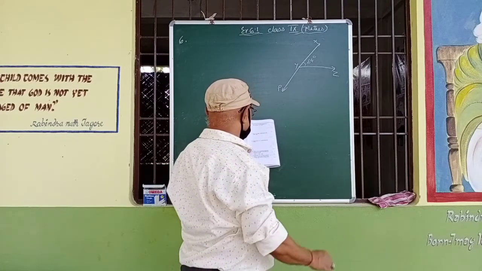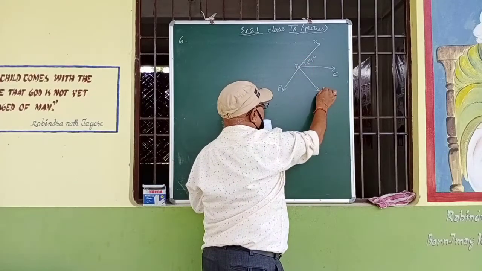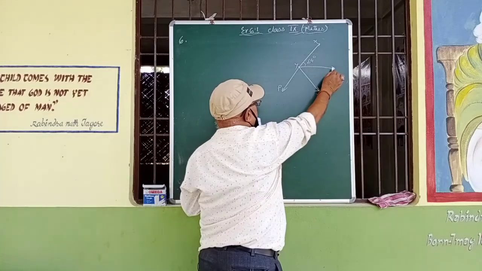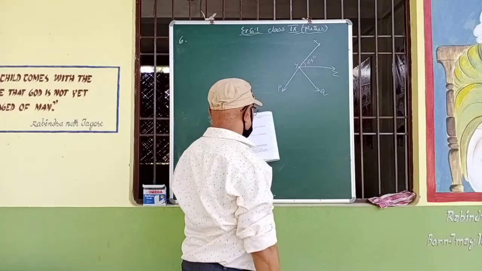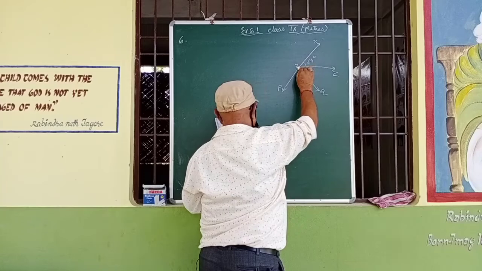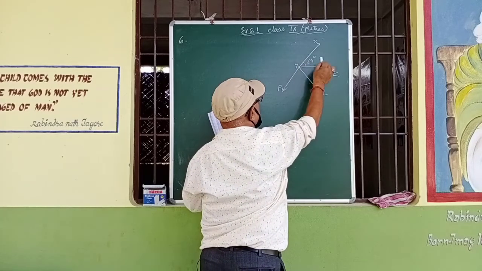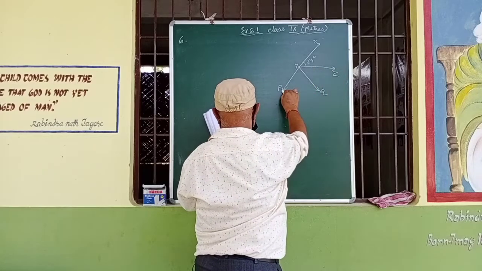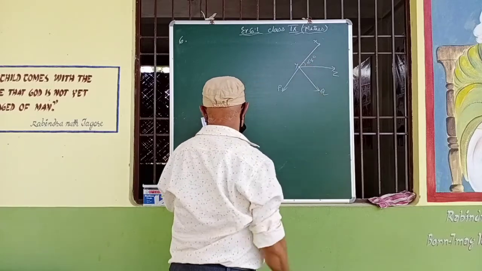If ray YQ bisects ZYP, find XYZ, find ZYP and XYQ.